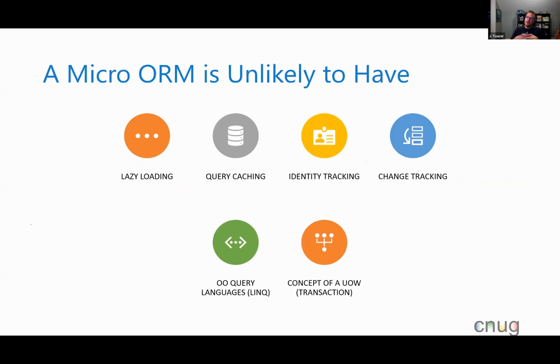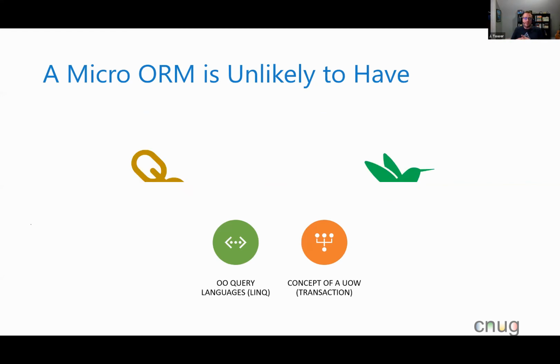Some of the things you're unlikely to find in a micro ORM are things like lazy loading. We talked about navigation properties in Entity Framework. Very unlikely to find that in a micro ORM. It's not impossible, but it is unlikely. Query caching: Entity Framework actually does this. A lot of people don't even know about it, but when you run the same query multiple times, it will cache the query plan, so it can use that to be a little faster the next time.